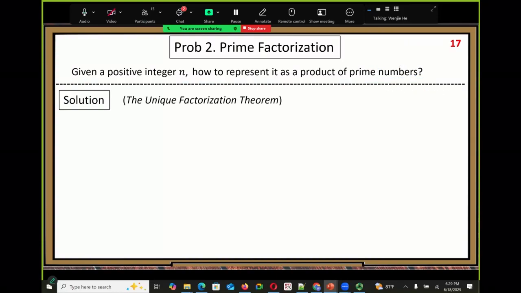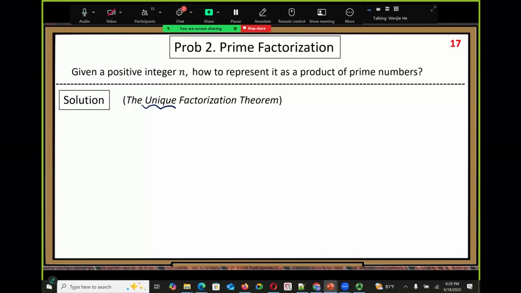The unique factorization theorem. In number theory, there is a very important theorem called the unique factorization theorem. Uniqueness: if we write the prime factorization in some standard way, because you may have many different ways to write a prime factorization, but this time we want to define some standard way.